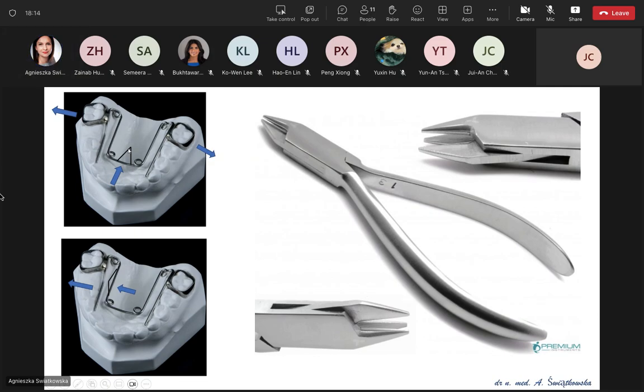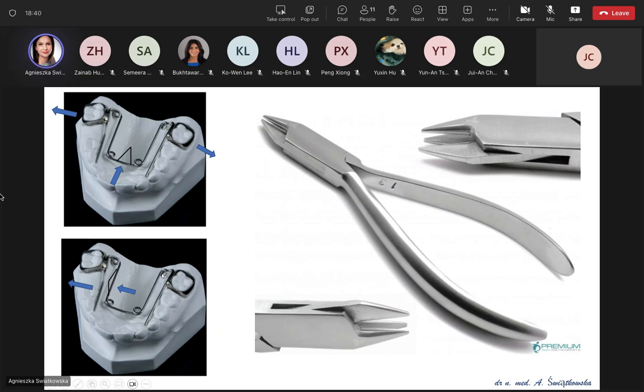And if we want to achieve activation on this level, we should bend this part of wire like this. If we want to activate this part level from canine to first molar on one side, we activate this wire. We bend here this wire.